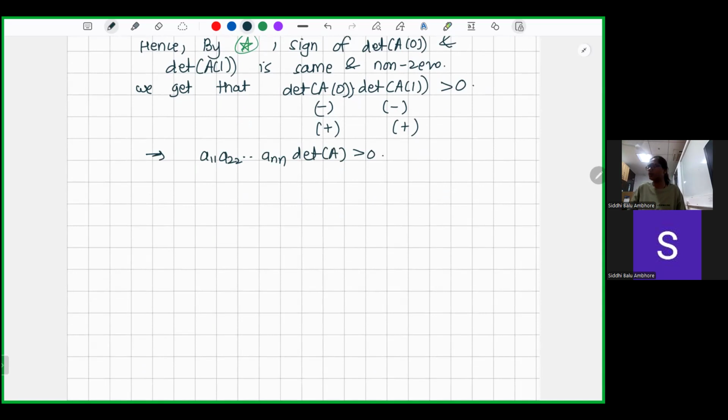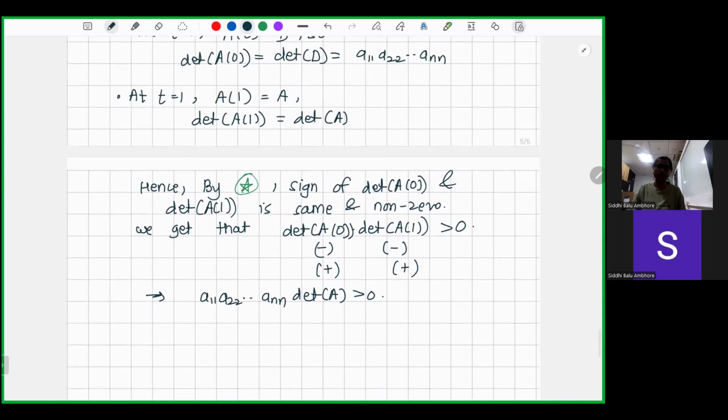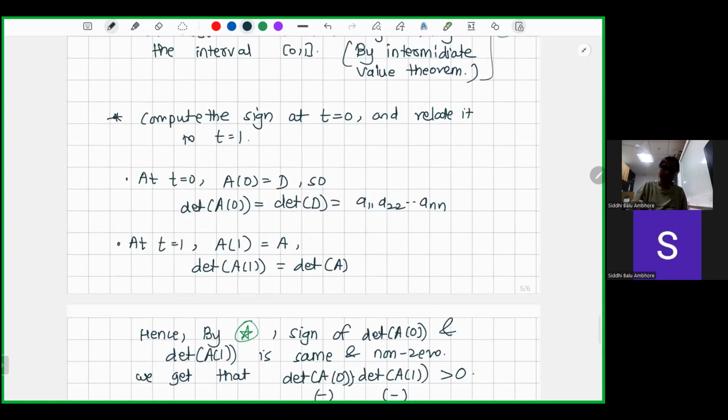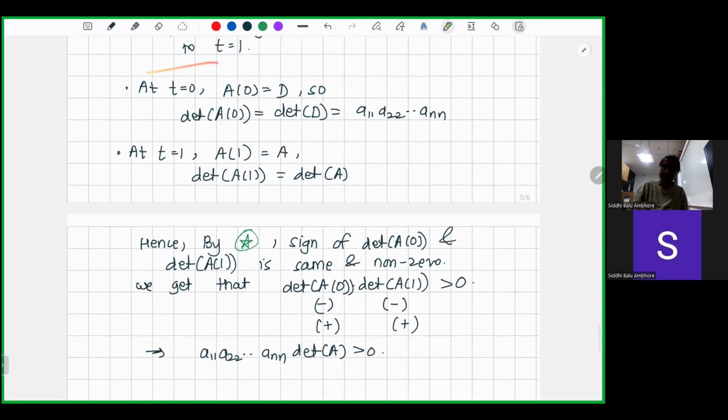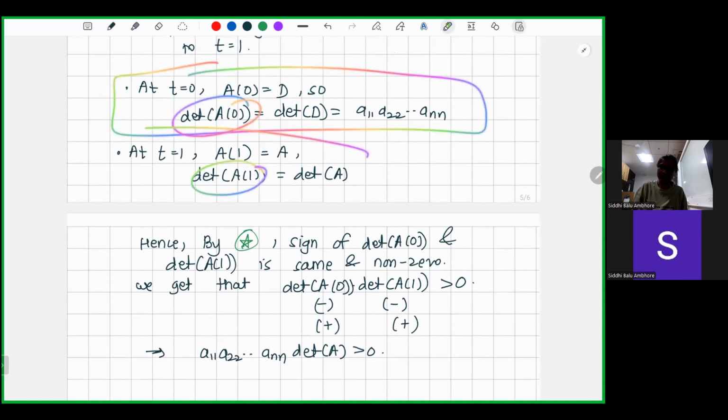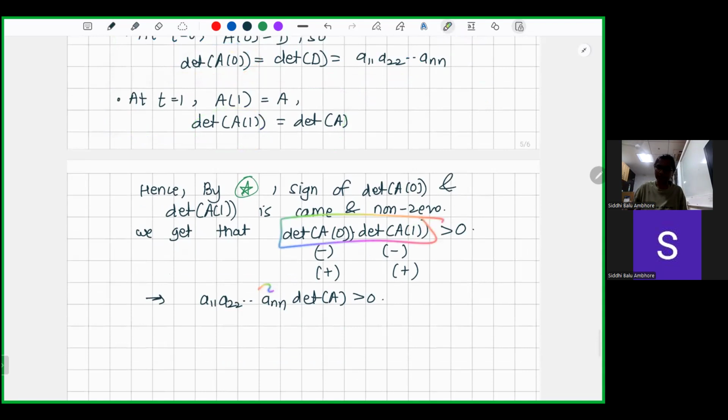So these two have the same sign, A(0) and A(1), and their product is in fact a11, a22, ..., ann times determinant of A.